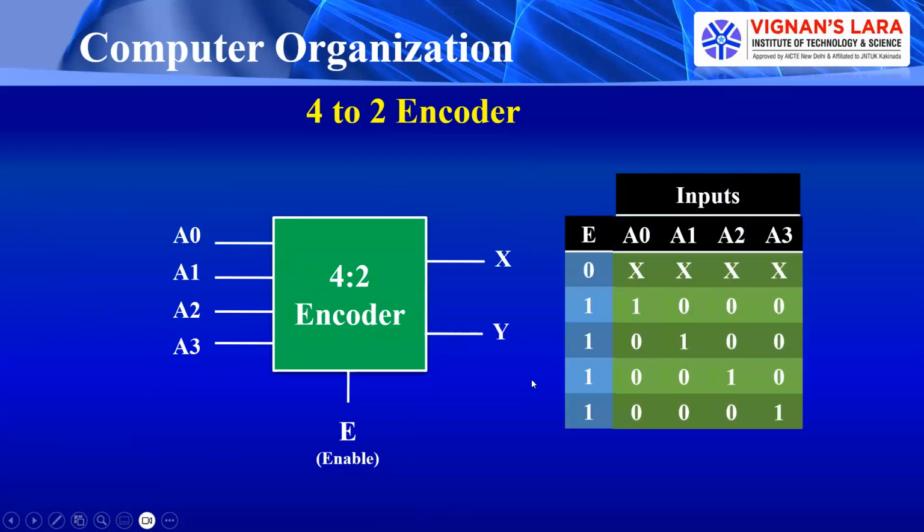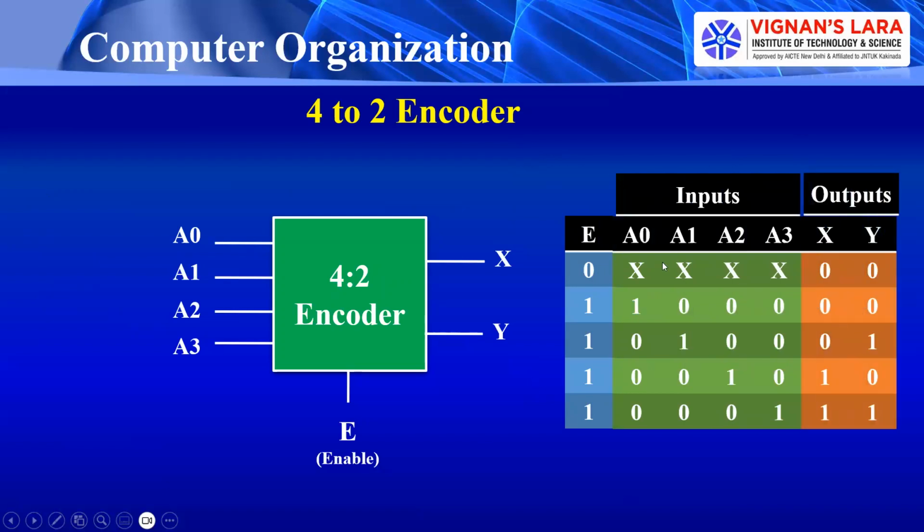See here, friends, that should be the truth table. So my inputs are 4 inputs, A0, A1, A2, A3, along with the enable input. If the enable input is not active, the combination on A0, A1, A2, A3 can be 1 or 0, and your outputs are simply 0. That means the outputs are not active.